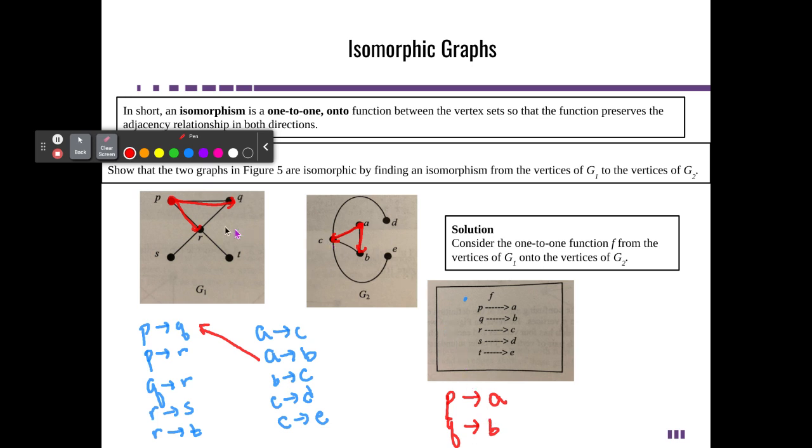All right, moving down the list, let's go to R. So they're saying R goes to C. Well, that's because P goes to R, and A goes to C right there. So P goes to R, A goes to C, and so that gives that relationship of R and C.